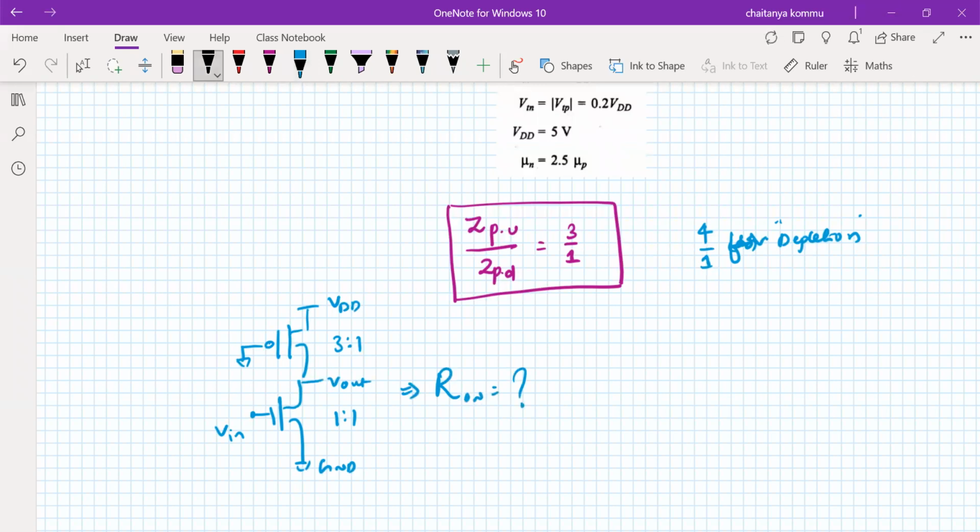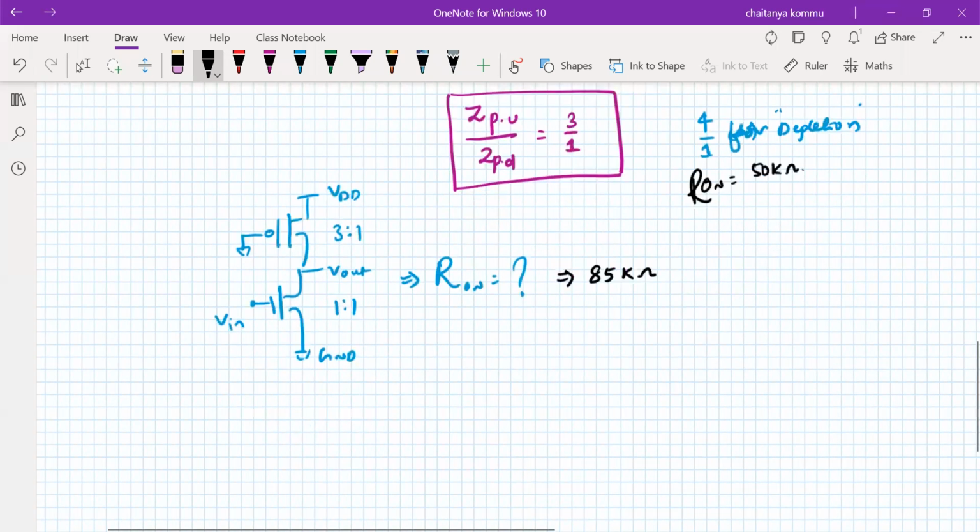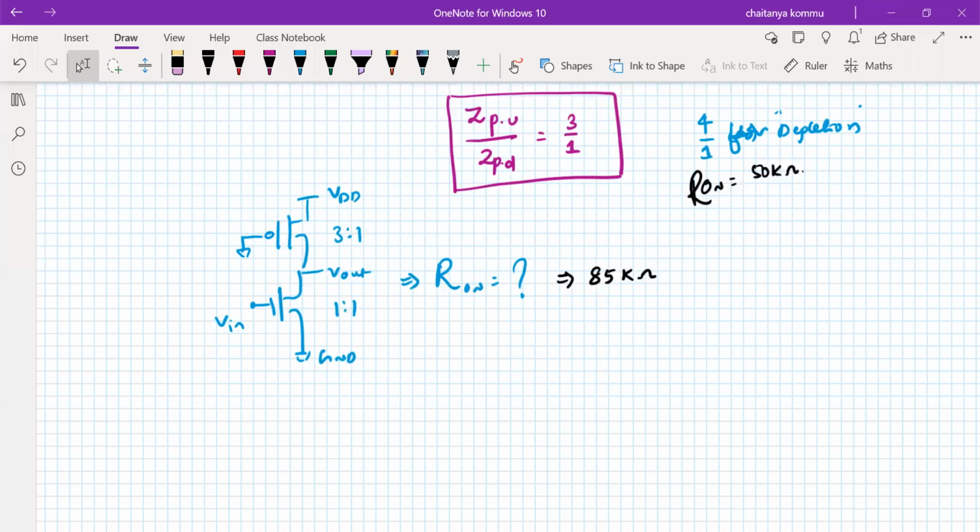If you calculate this one, this value will be 85 kilo ohms with the given ratios. But here it is 50 kilo ohms. R on for this one is right. Therefore, if the on resistance of the device is more, what is expected of the static power consumption, power dissipation that we have seen in the previous class?